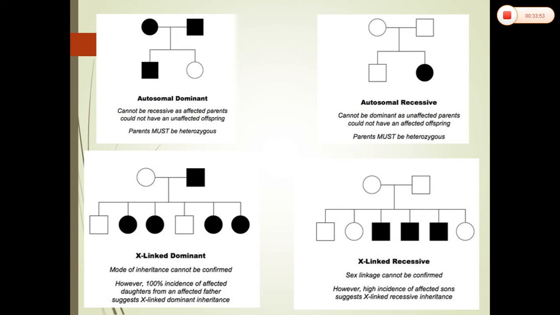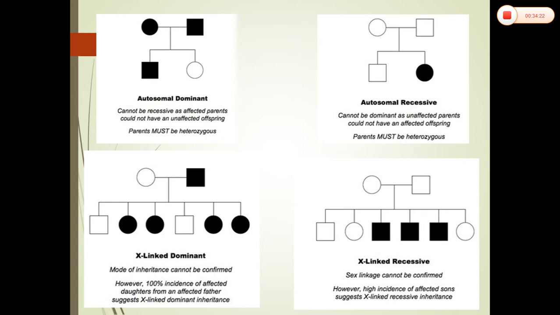Once you look at the pedigree, first of all we know the trait is not present in the parents, which means it is a recessive trait. And in the second generation, male individuals are affected, the sons are affected, so obviously it is X-linked. We know that in X-linked inheritance, male progenies are affected more than females. So it is X-linked recessive.